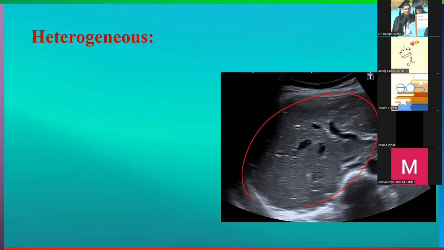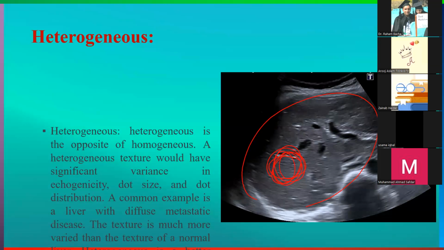For example, you're performing ultrasound and you say that there is a well-defined or ill-defined mass in the right lobe of the liver. It is homogeneously echogenic or heterogeneously echogenic. By homogeneous and heterogeneous, you mean that the echoes on the display are either smoothly arranged or roughly arranged, right?